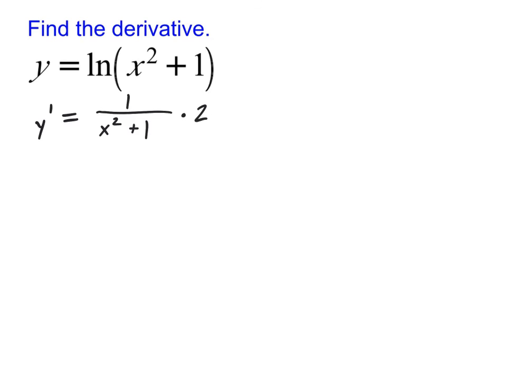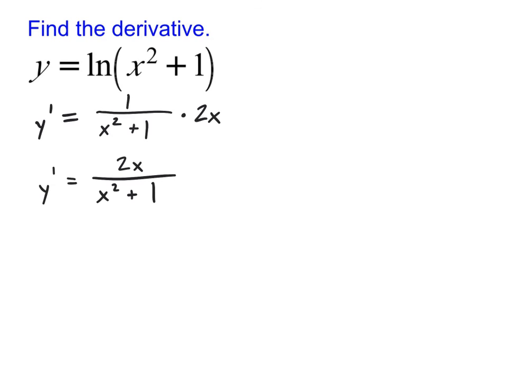So that's going to be then times 2x. So if I then take that 2x and I put it on top, it's going to be 2x over x squared plus 1. Is there any other simplifying or reducing that I can do here? No, there is no other simplifying we can do, so this one is done.